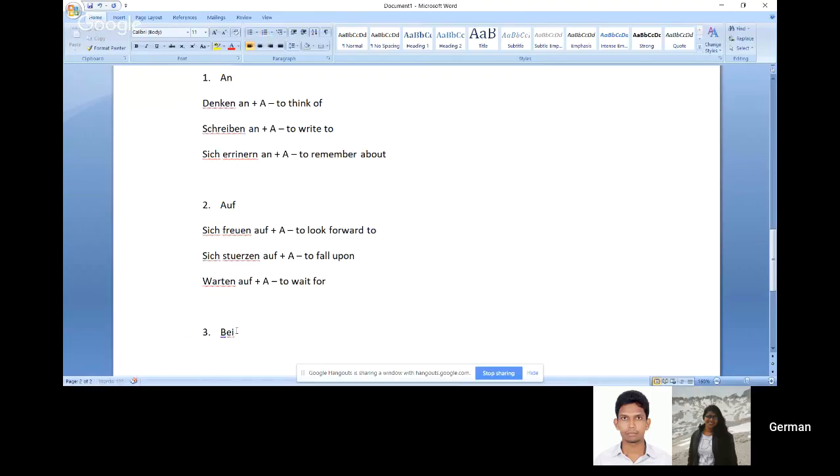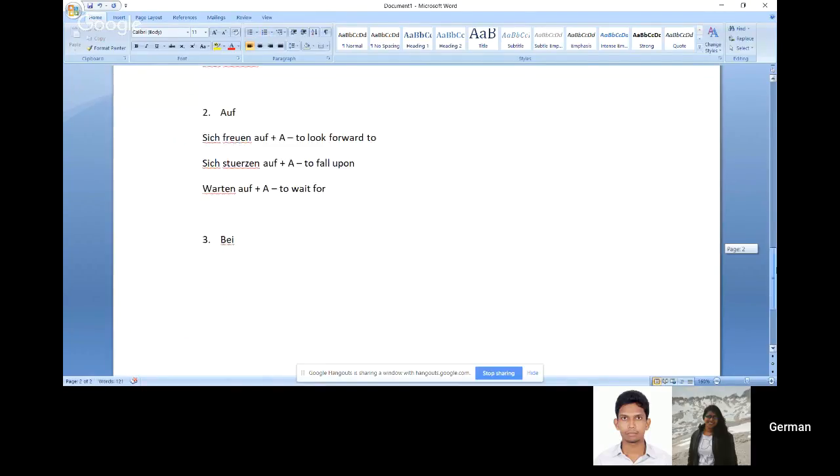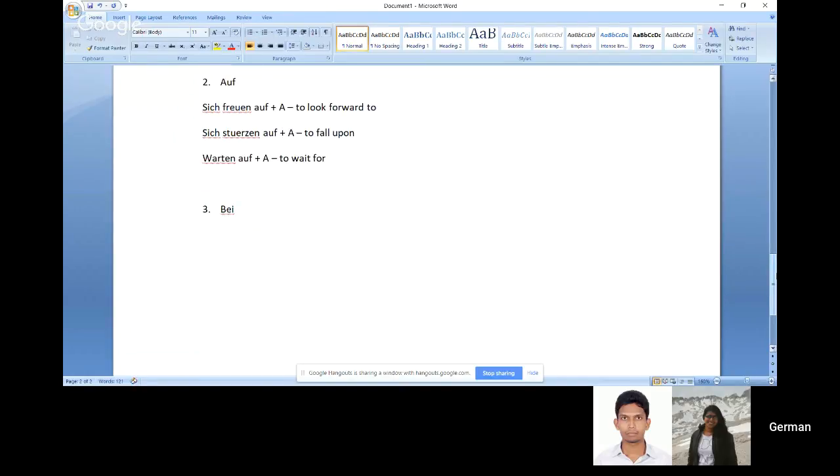"Bei" is the next verb preposition, which is associated with verbs like "arbeiten bei". If you remember from the first class itself, I was saying "arbeiten bei". This is the reason. "Ich arbeite bei Alten" and "ich arbeite für Alten" or something else.